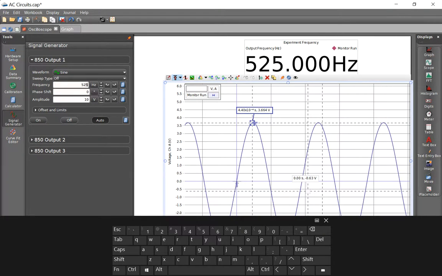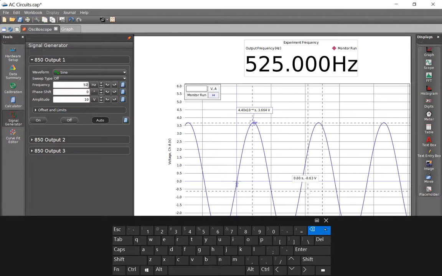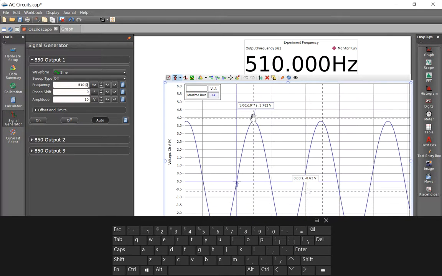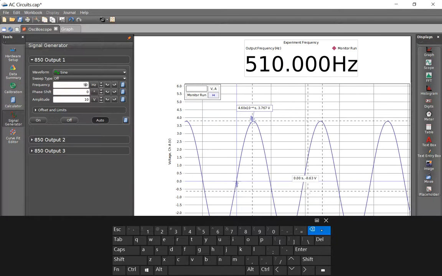That's below 500, right? So let's go to 510. So 510 is 3.77. Lower. That's lower as well. Okay, so let's try 490.